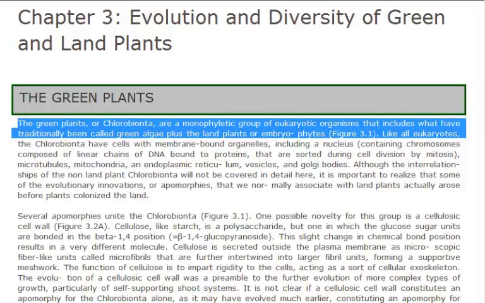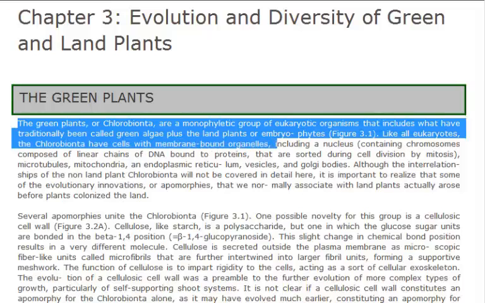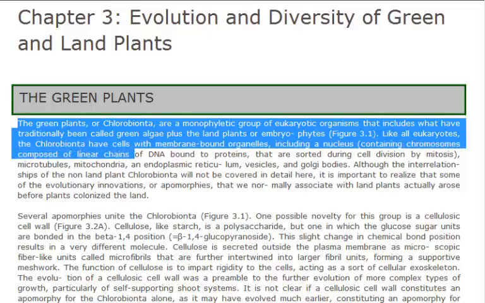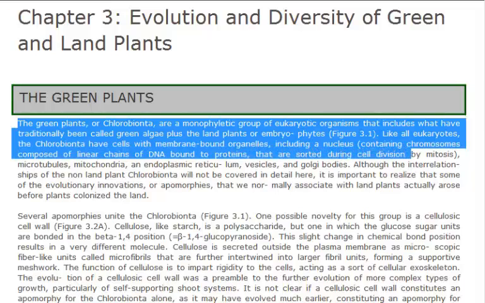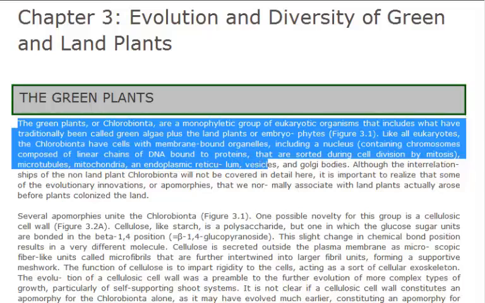Like all eukaryotes, the Chlorobionta have cells with membrane-bound organelles, including a nucleus containing chromosomes composed of linear chains of DNA bound to proteins that are sorted during cell division by mitosis, microtubules, mitochondria, endoplasmic reticulum, vesicles, and Golgi bodies.